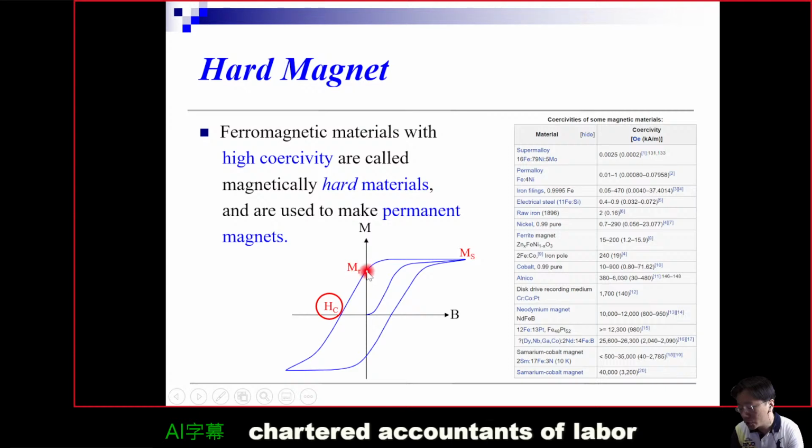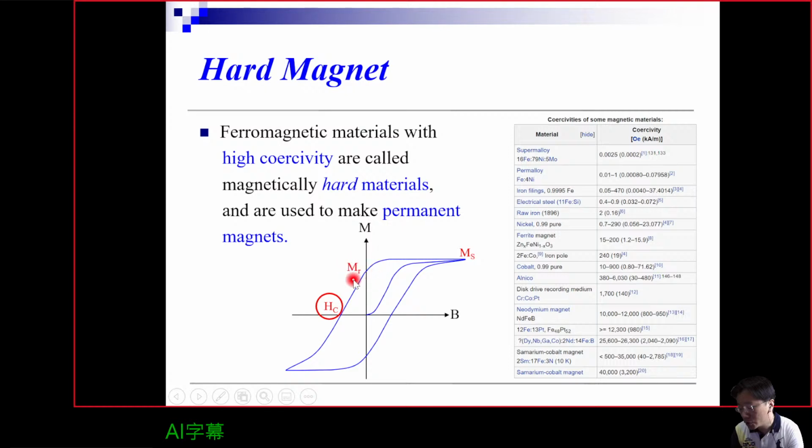That means when we first excite all the magnetic moments and then remove the external magnetic field for the first time, there will be some remaining magnetization inside the material. So this is called MR.